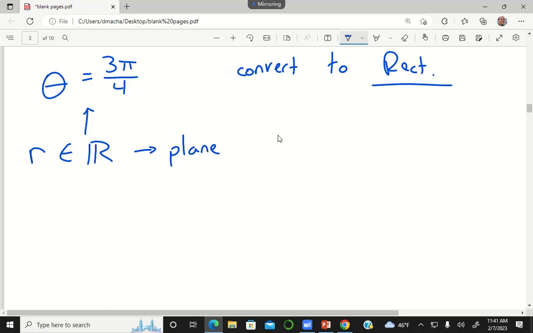As you're looking at the angle 3 pi over 4 away from your x-axis, you can create any value of z, any value of r in front of you or behind you. But let's say this was like spherical coordinates, and r has to be positive. Then this would be describing a half plane.